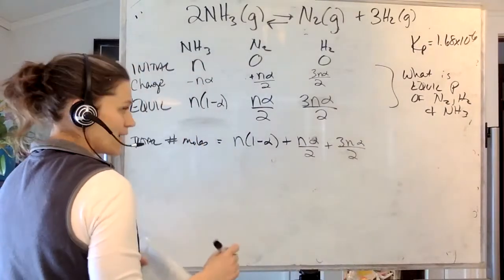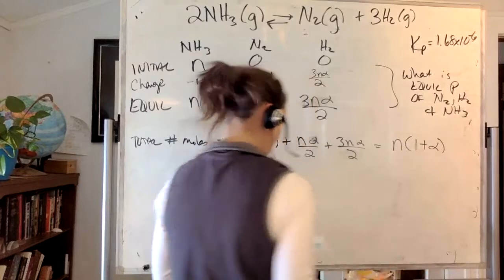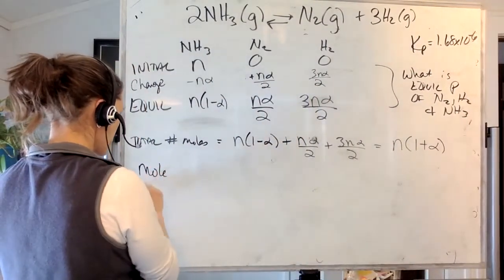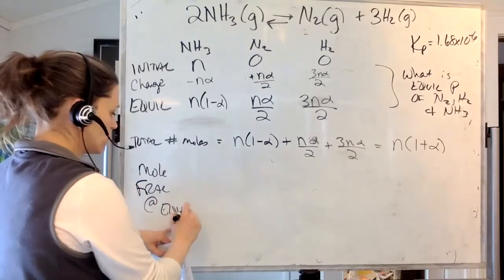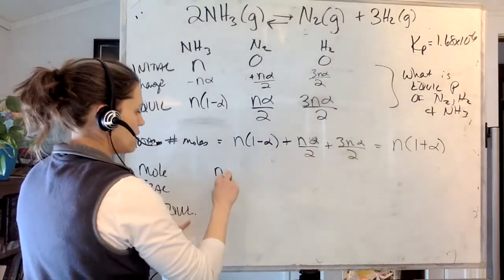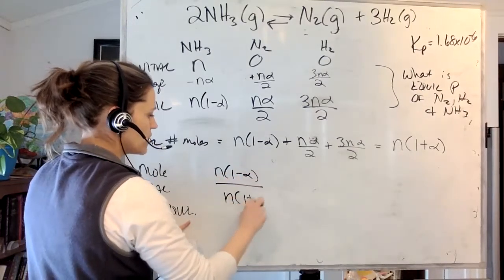And so all of that, if you write this out, equals N times (1 plus alpha). That's kind of nice. So that means that the mole fraction at equilibrium will then be N(1 minus alpha) divided by N(1 plus alpha).